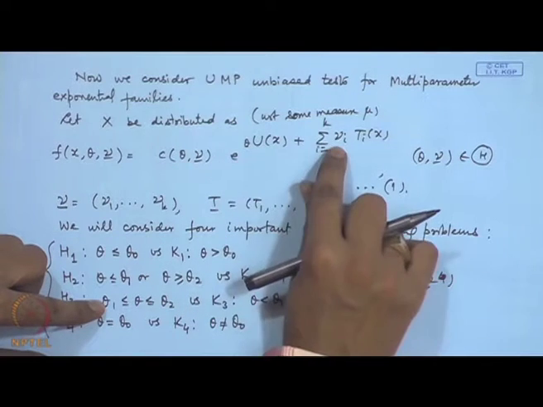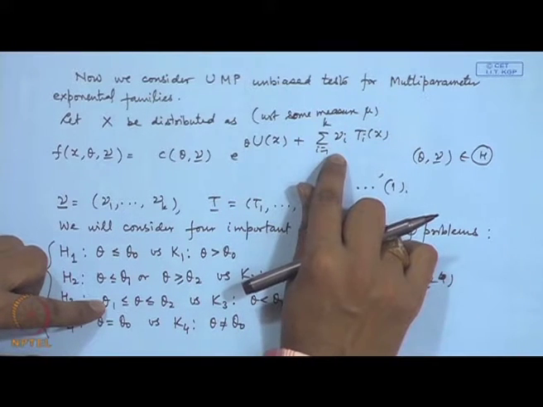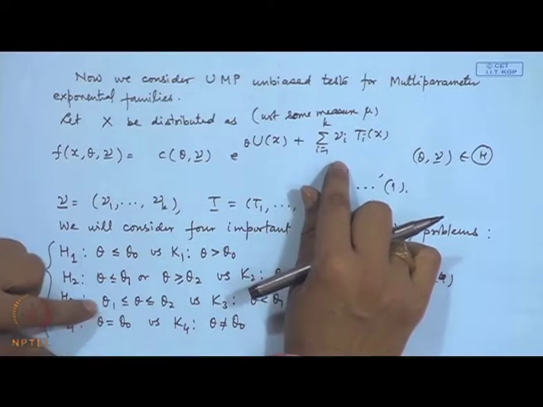So, I will have 2 parameters from mu and sigma square. I can write mu by sigma square and minus 1 by 2 sigma square. So, either of them can be considered as theta and the other one can be considered as nu. So, this is an example of a 2 parameter exponential family. The one which I have written here is a k plus 1 parameter exponential family.